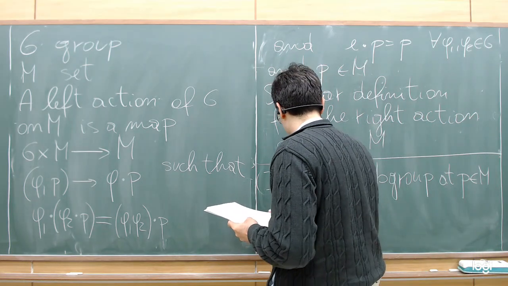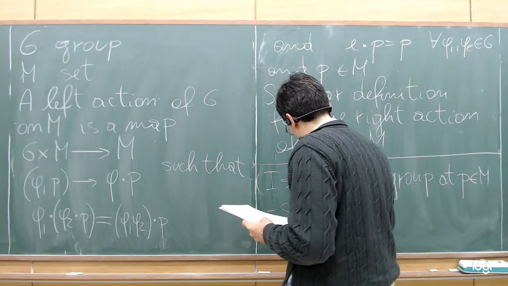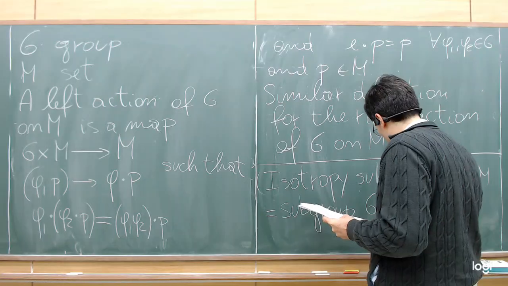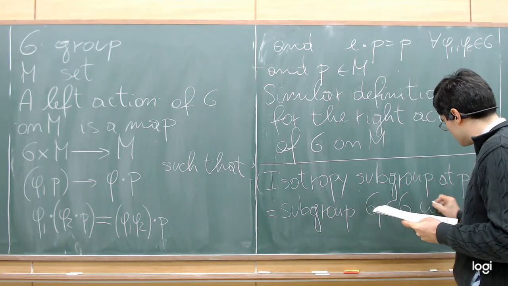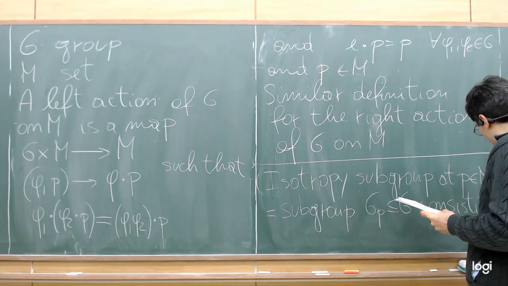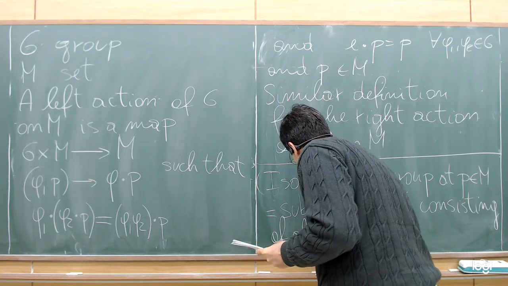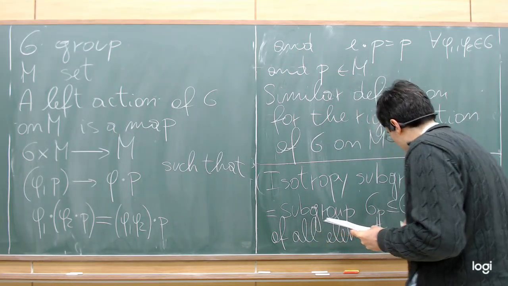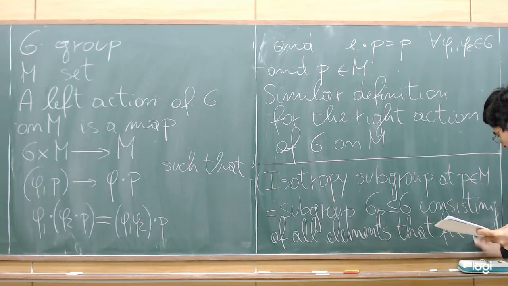So this is the subgroup G_p of G consisting of all elements that fix p.